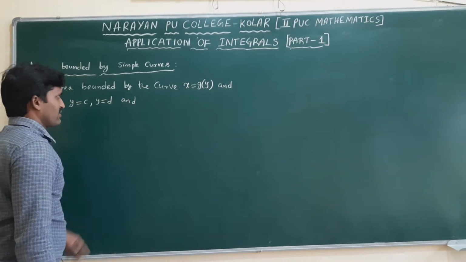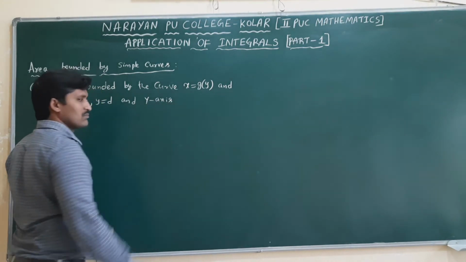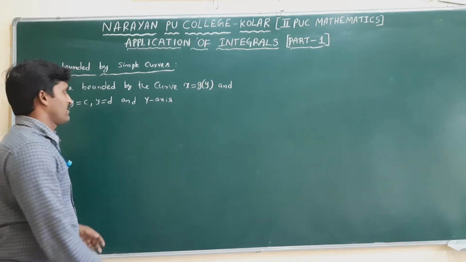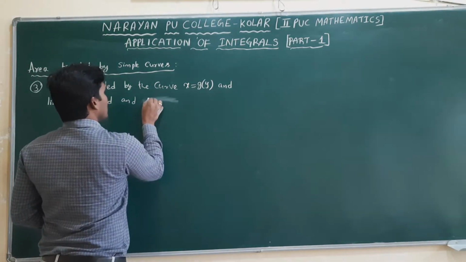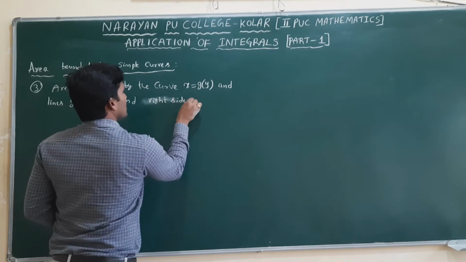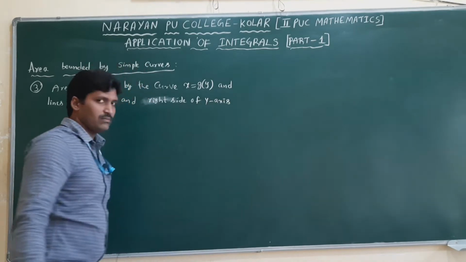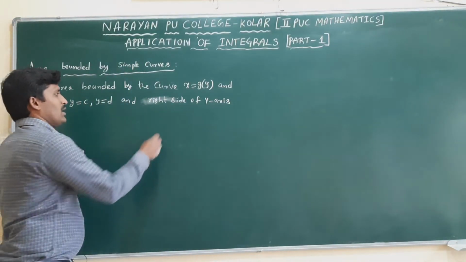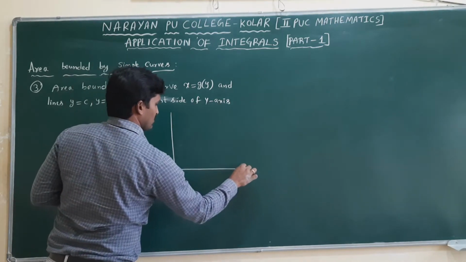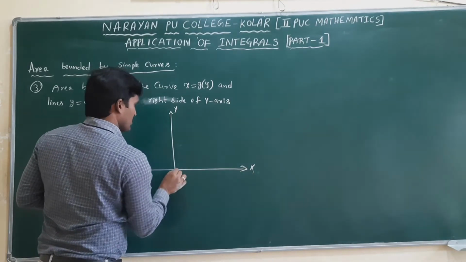The y limits are given, and the y-axis. Here I am taking the right side of the y-axis. The right side of the y-axis means the region will look like this.